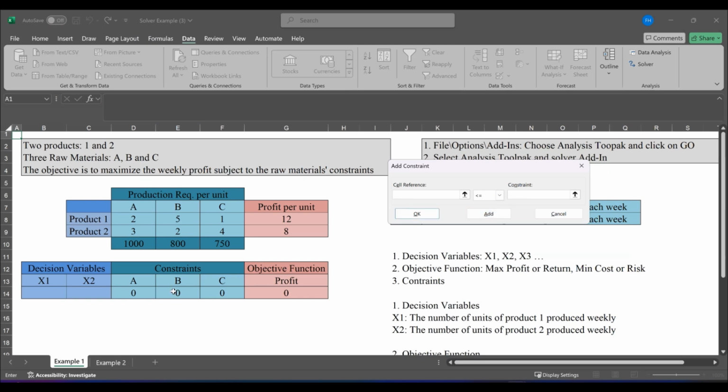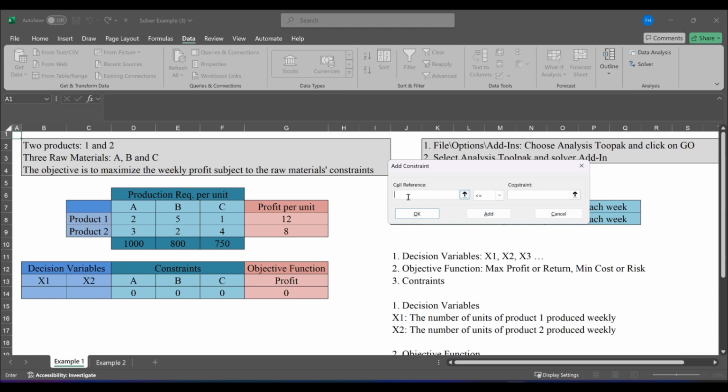The second constraint, cell E14, the number of units needed from raw material B, should be less than or equal to the available quantity, which is 800. I click on Add, and then I add the last raw material constraint for C. F14 should be less than or equal to 750. So I click on Add.